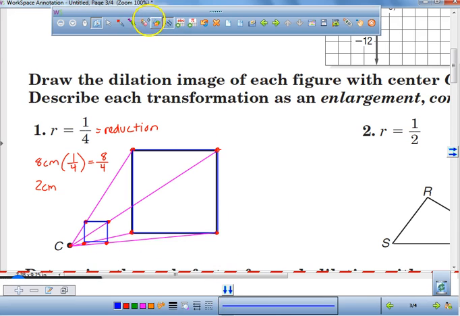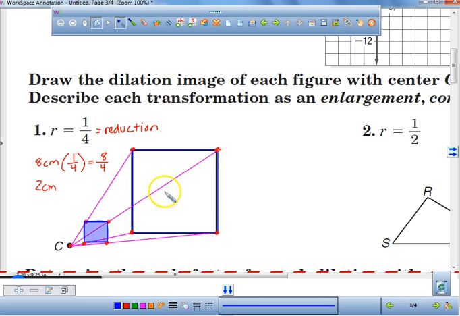Can everybody see this square right in here? Each side of this square is 1/4 of the original length. Each side is 1/4 of the original length. So whatever this length is right here, this side is 1/4 of it.